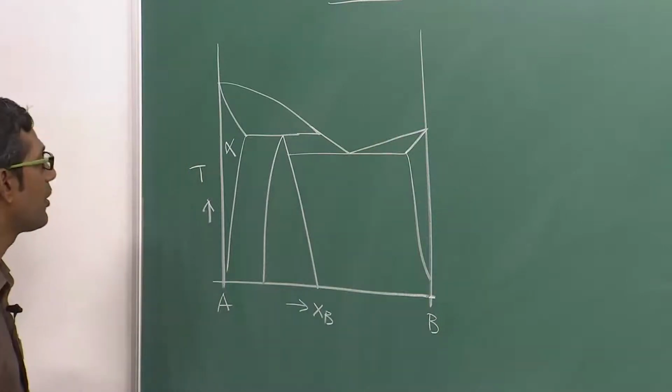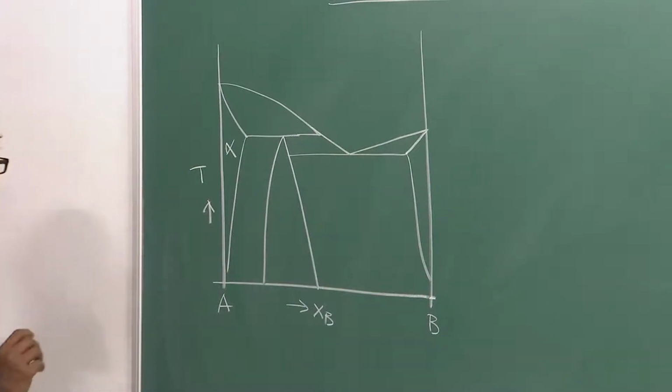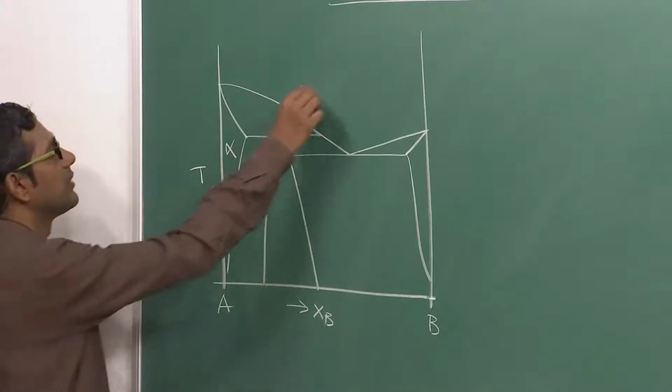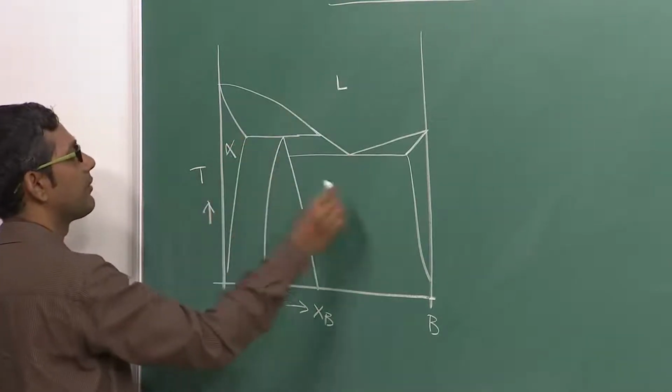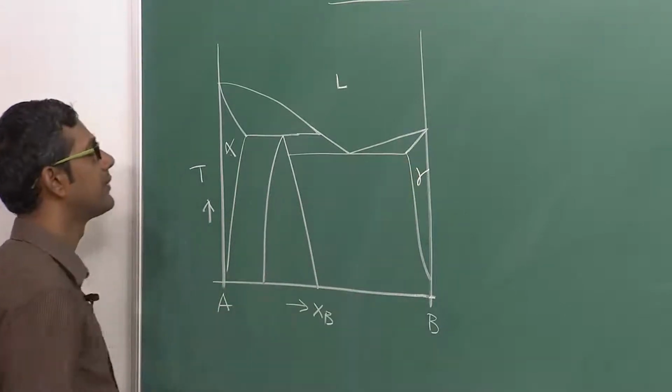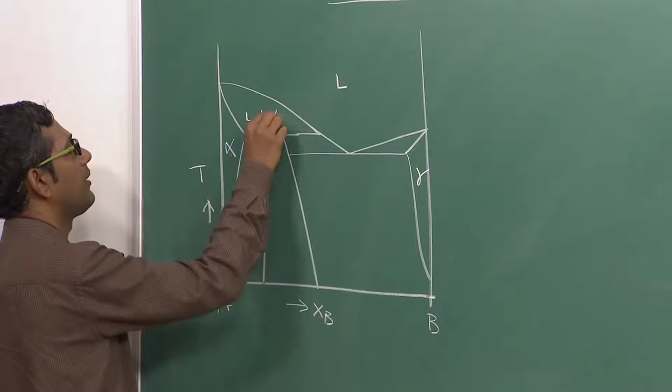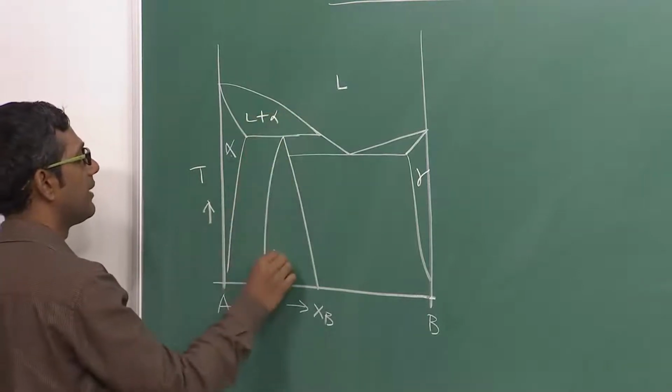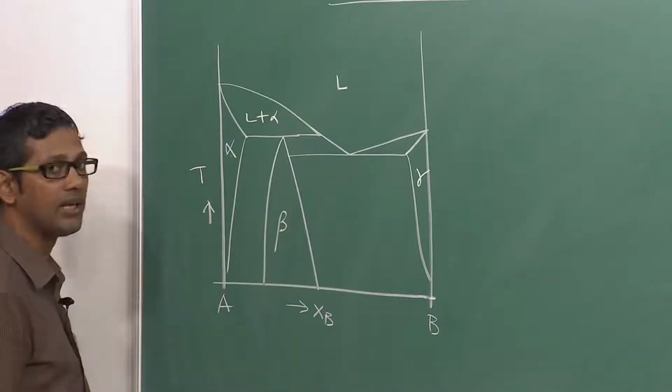Okay, so that is how it looks, a little complex but not much. So this is liquid, this is the alpha phase, this is the gamma phase, liquid plus alpha obviously because we are connecting that, and this is the peritectic phase beta.